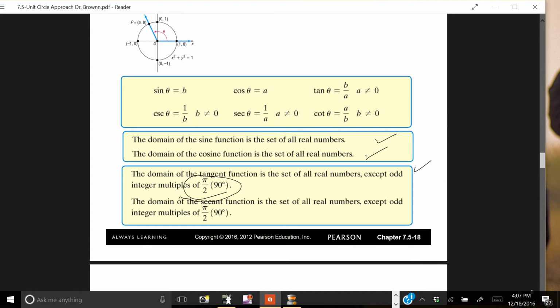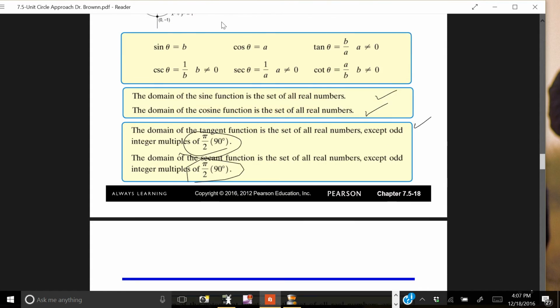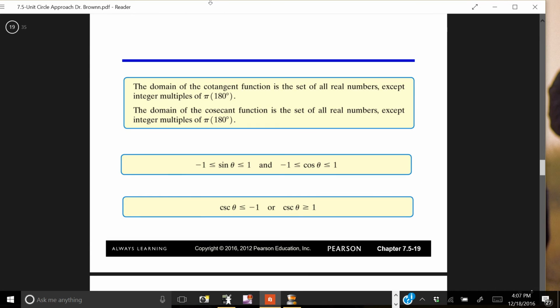And the domain of the secant function is the set of all real numbers except odd integer multiples of pi over 2. And the domain of the cotangent function is the set of all real numbers except integer multiples of pi. And the same goes for the cosecant function: all real numbers except integer multiples of pi.